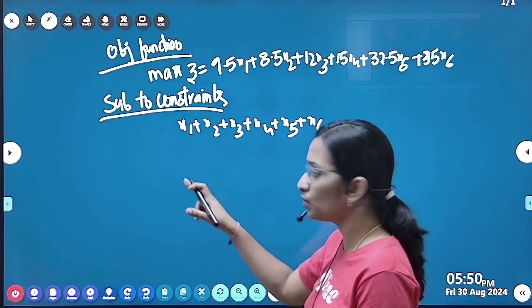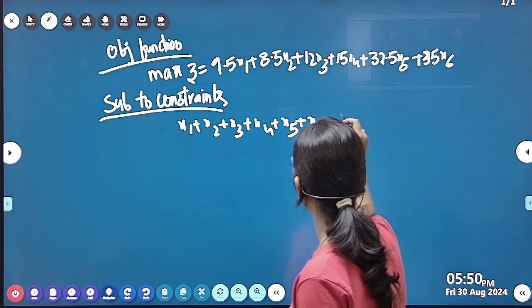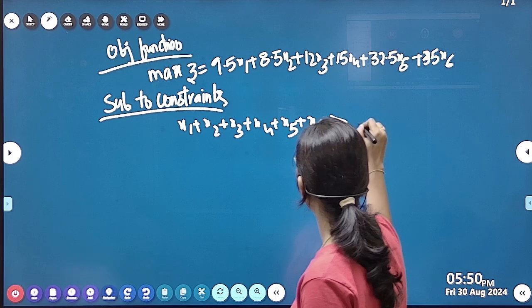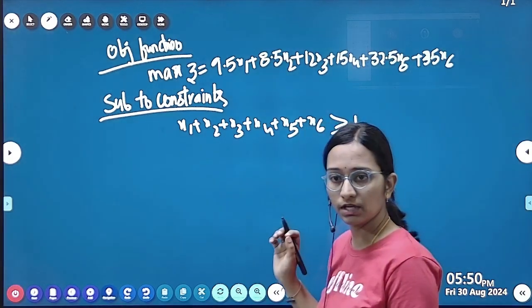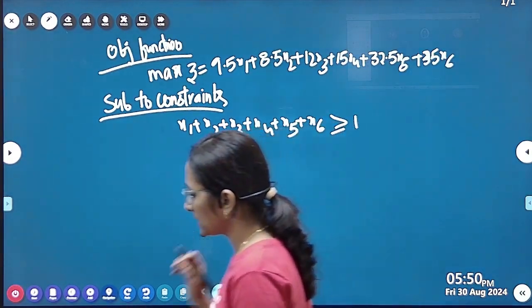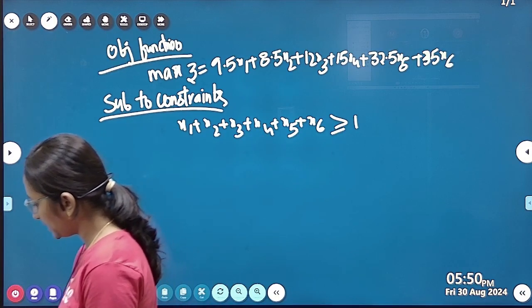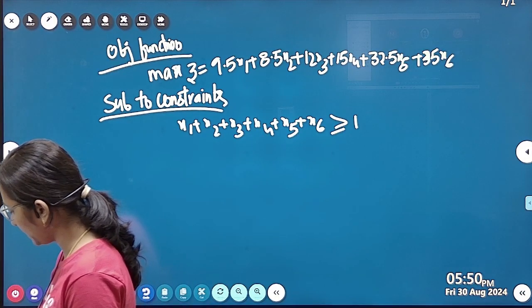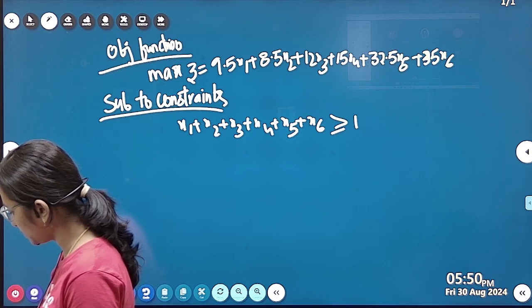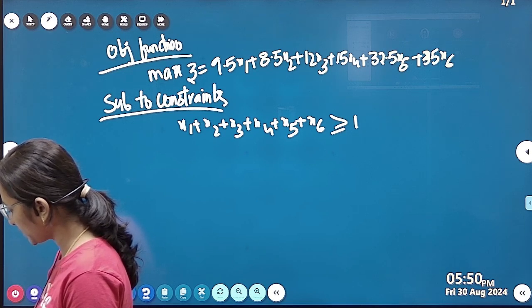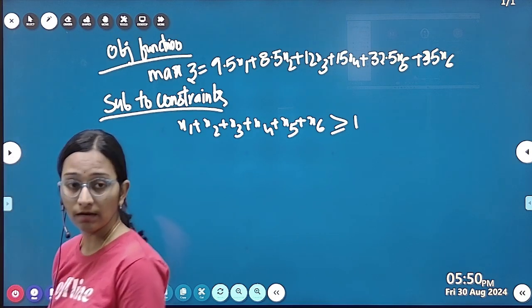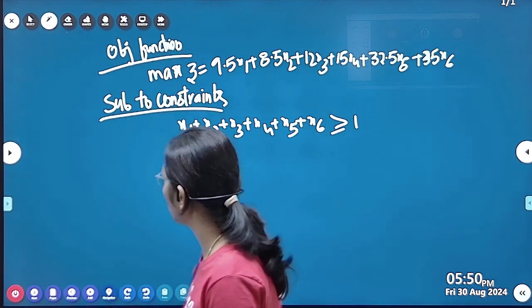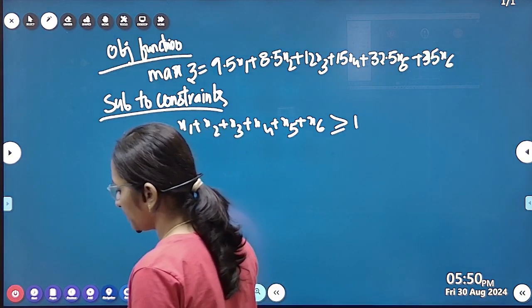The total investment should be greater than or equal to 1 or 100%. And the second point he is saying is a weighted average period of at least 5 years as a planning horizon. Next one, the weighted average risk factor should not exceed 0.20.